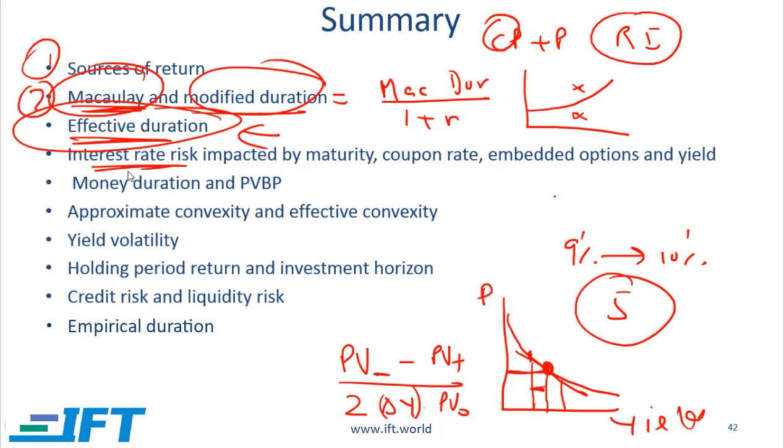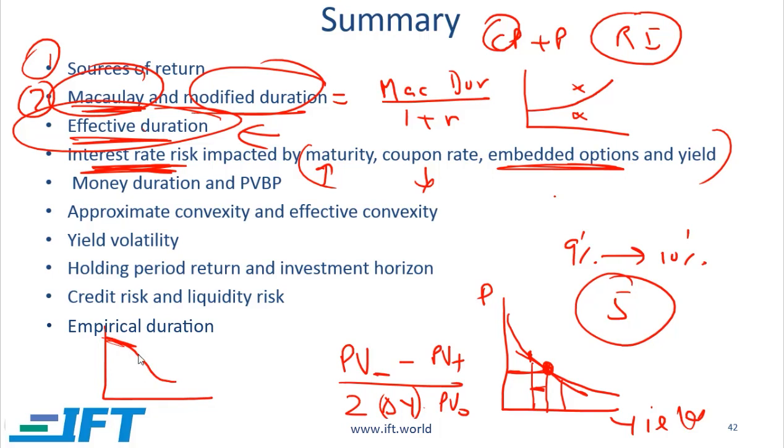You need to understand the relationship between interest rate risk and these variables. When maturity is higher, then interest rate risk is higher. When coupon rates are lower, then interest rate risk is higher. With embedded options, here is what happens. If you consider a callable bond, then the price yield relationship is something like this.